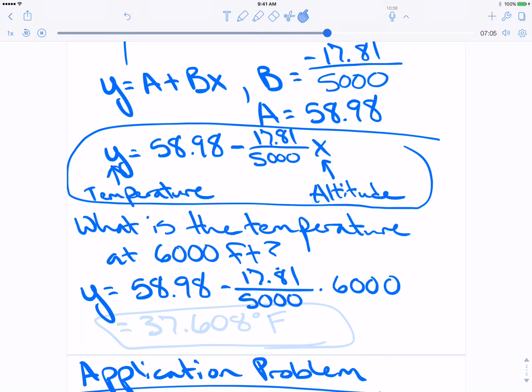If we simplify this, the number that you should get with your calculator is 37.608, because of the dividing by 5,000 part. And this is in degrees Fahrenheit. So if I were to ask you to construct a linear model and then tell me what the temperature is at 6,000 feet based on your model, this would be your answer.